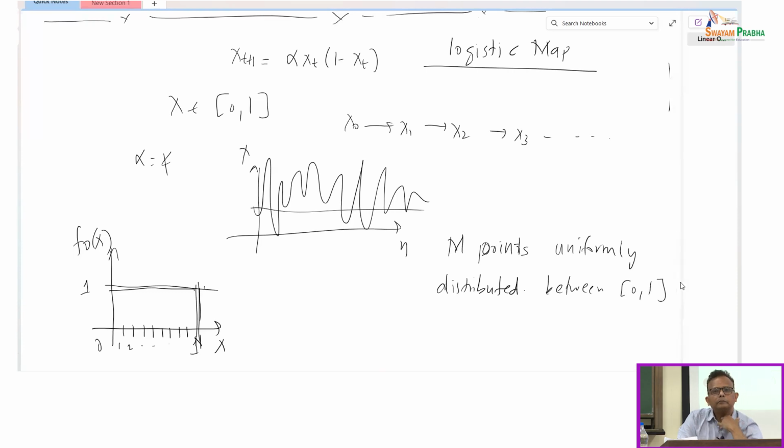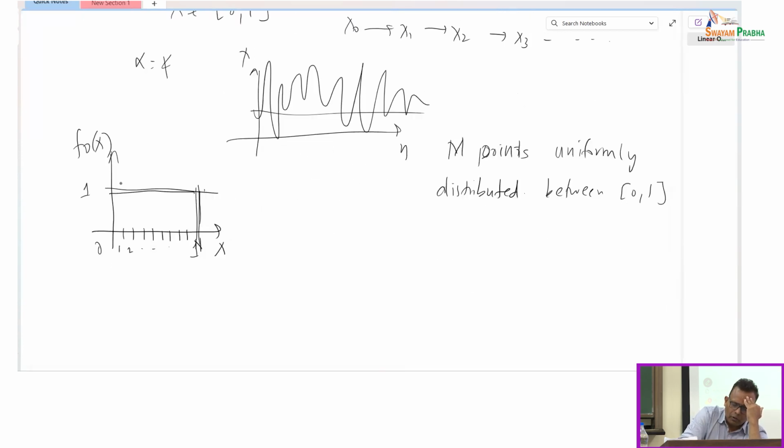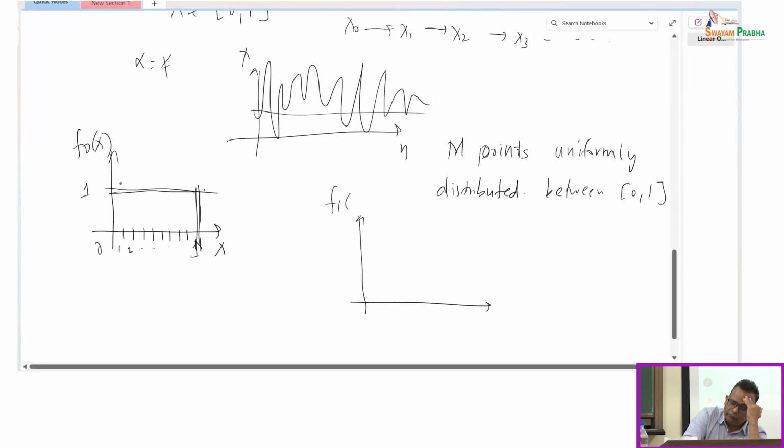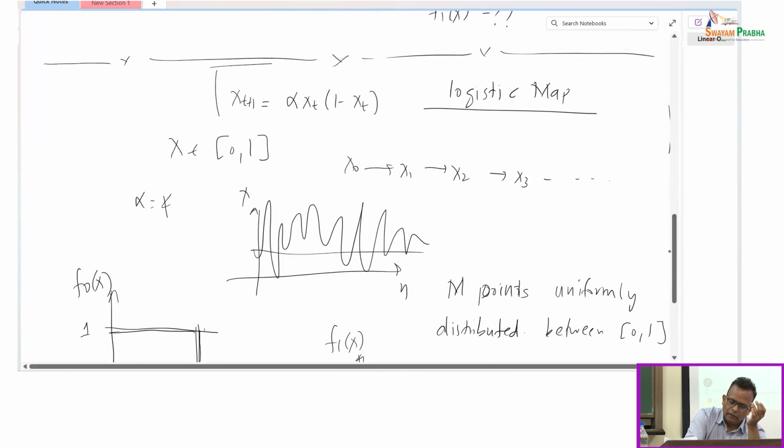Now what you basically do is a counting measure. This is my f0 function, which is a constant function. I want to describe a new function f1 of x, which is the evolution of f0 in one time step under this system.